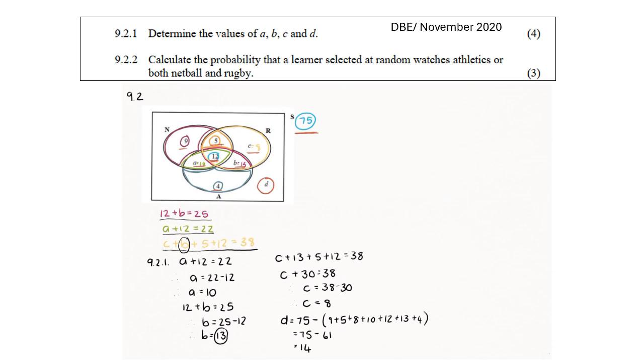This question counted 4 marks. You get 1 mark for A equals 10, 1 mark for B equals 13, 1 mark for C equals 8, and 1 mark for D equals 14.